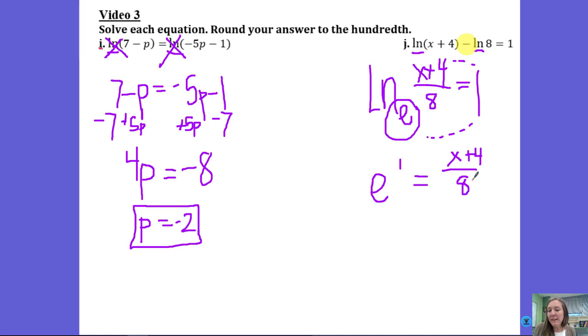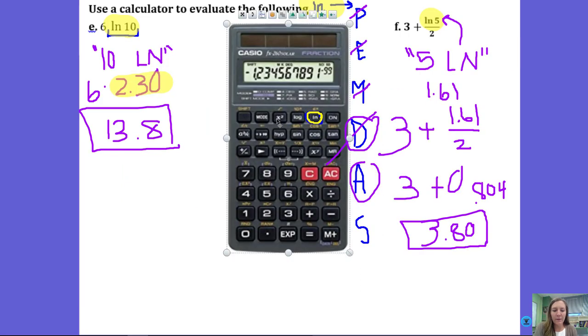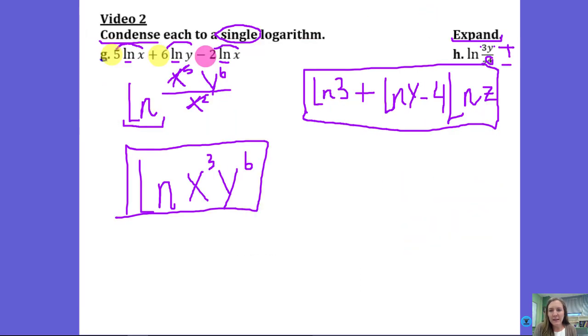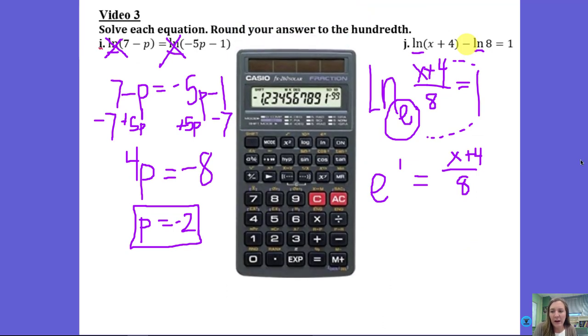Now, when we're typing this into your calculator, let me get that calculator icon over here from what we were working on before. When I'm doing this in my calculator, e has a button as well on your calculator. It is right above our natural log, so it's not far away from what you were doing before. That means you have to hit the shift button first and then the ln button.